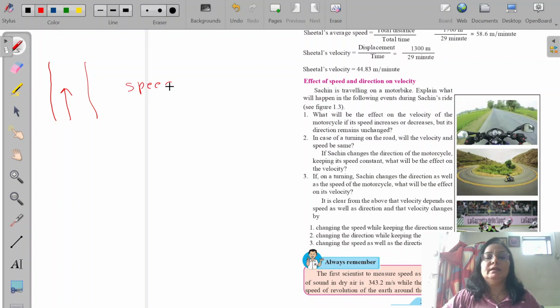When speed increases or decreases, then velocity, keeping the direction constant, he is moving in a straight line, then velocity also increases or decreases.